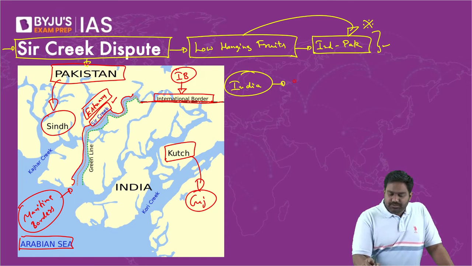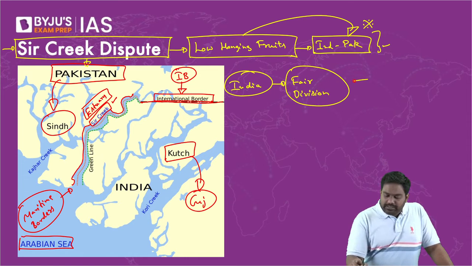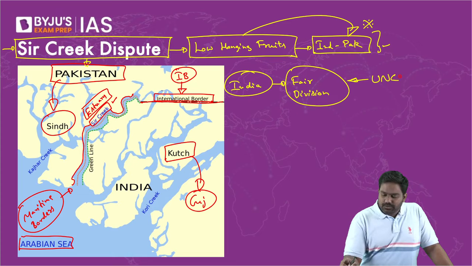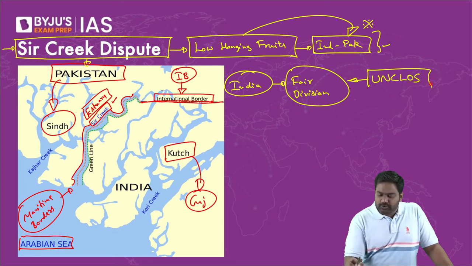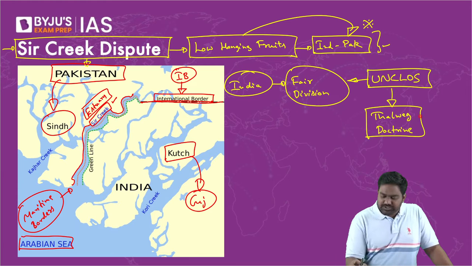India wants a fair division of Sir Creek. We want established principles of the UN Convention on the Law of the Sea to be followed, and we want the Talweg doctrine or the Talweg principle recognized by the UN clause to be implemented.